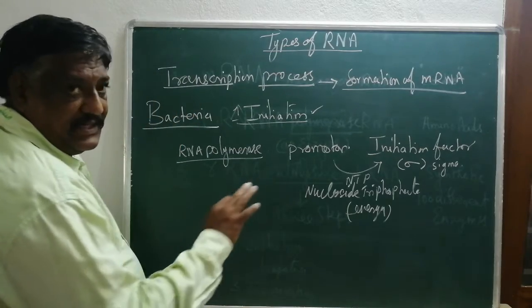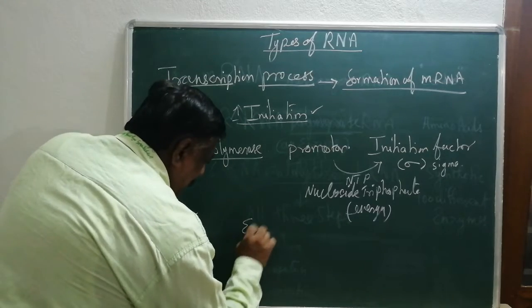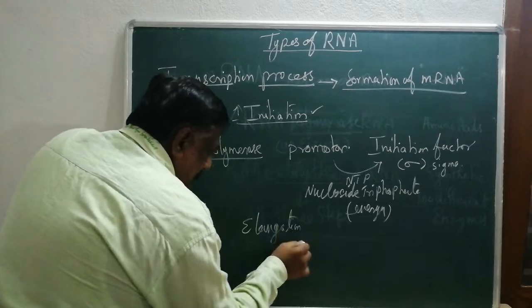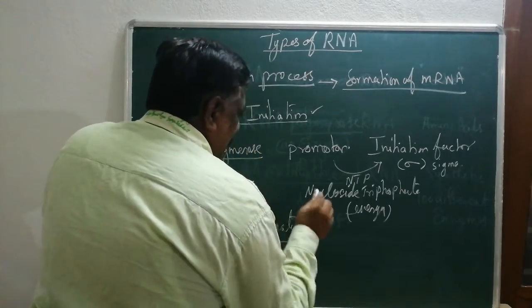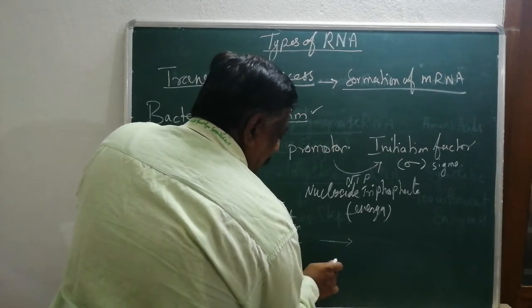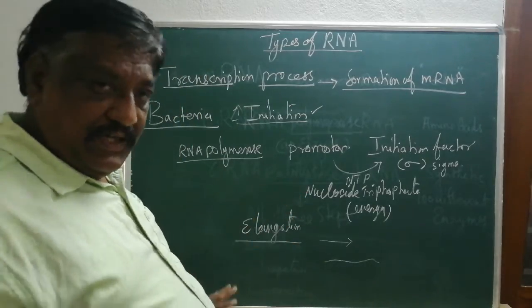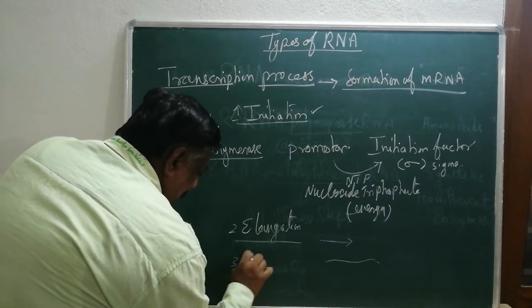Then once the initiation is started, the next stage is elongation. The elongation starts, and it started moving, forming the mRNA, right? Once the elongation is over, at the third part, termination.